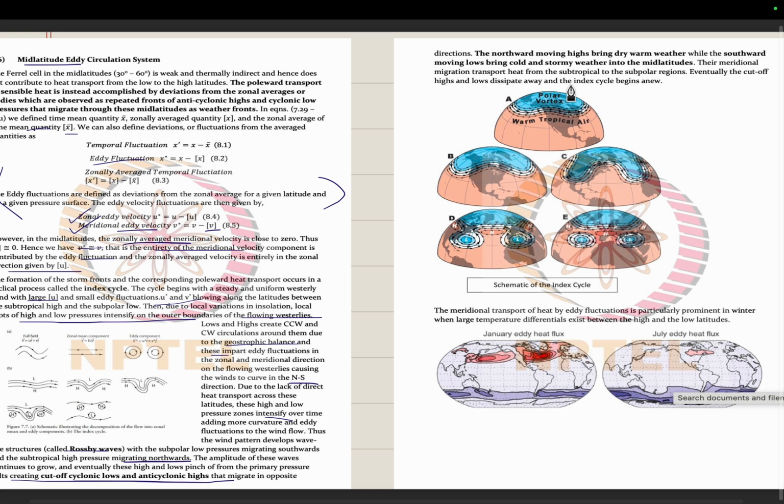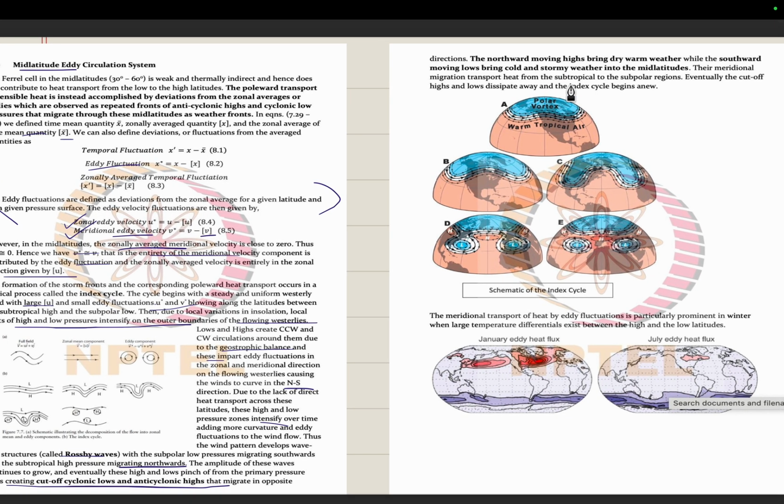The northward moving highs bring dry warm weather, while the southward moving lows bring cold and stormy weather in the mid latitude zone. Their meridional migration transports heat from the subtropical to subpolar latitudes, that is 30 to 60. Eventually the cutoff highs and lows dissipate away, and the index cycle begins anew.